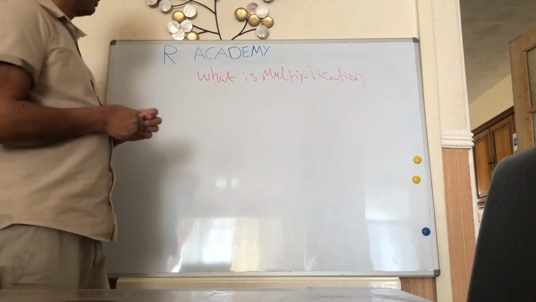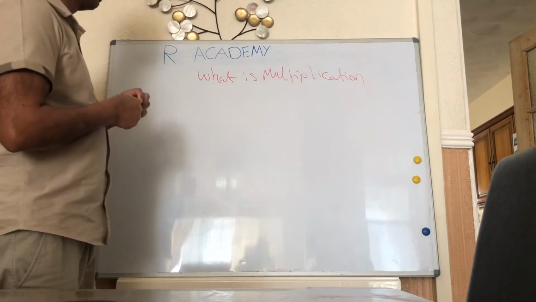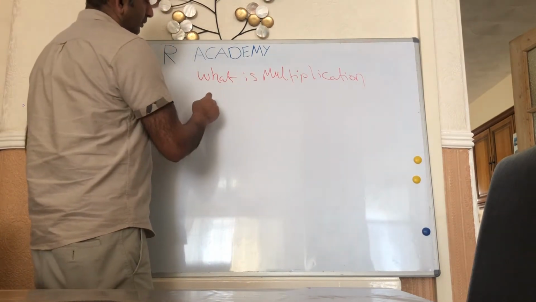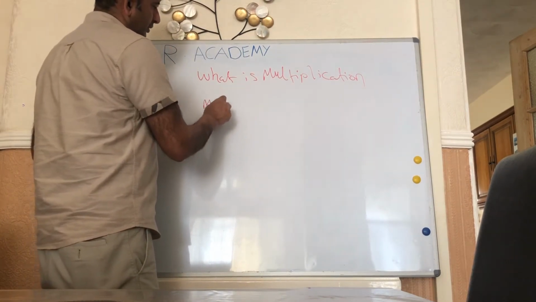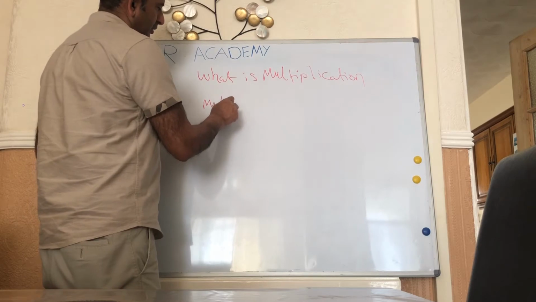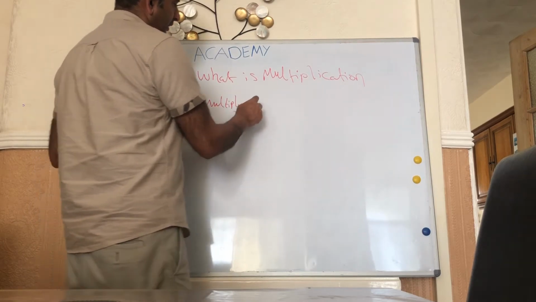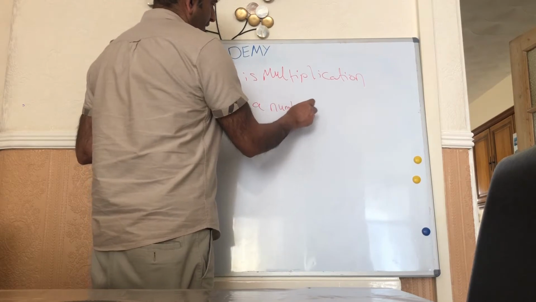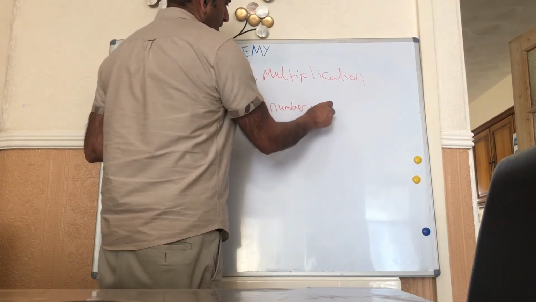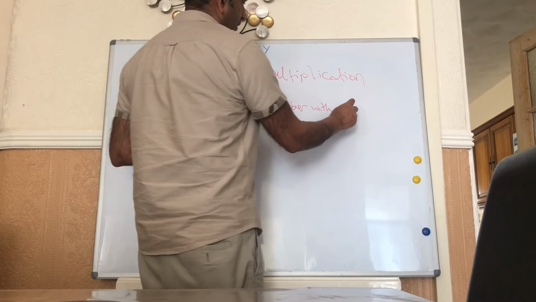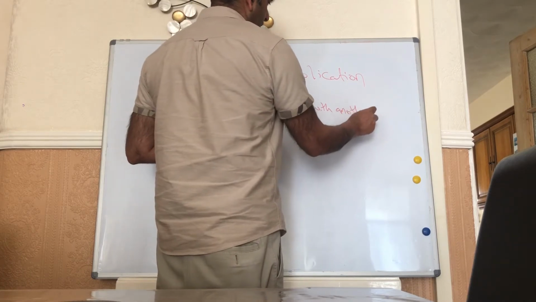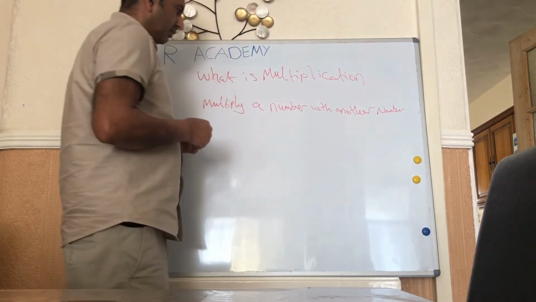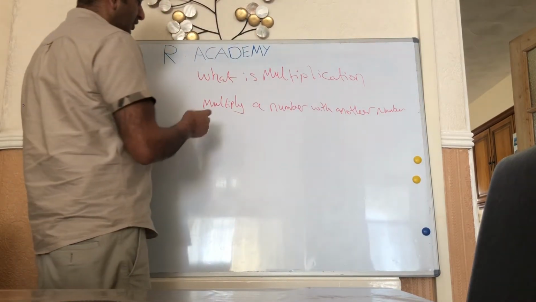Multiplication is a term used so that you can multiply a number with another number. Easier explained as lots.